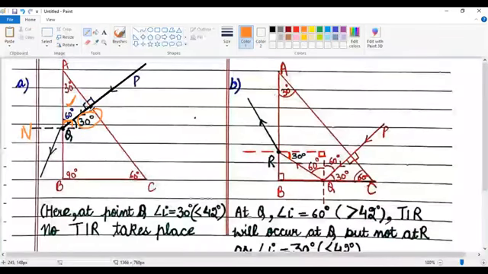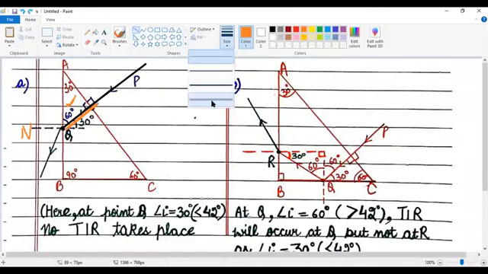Now students, this 30 degree will serve as angle of incidence for point Q. Since at point Q, the angle made between the incident ray and the normal is 30 degree.